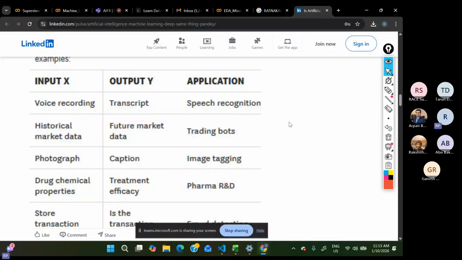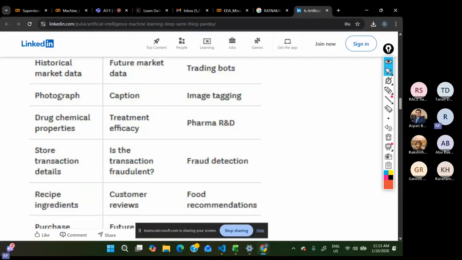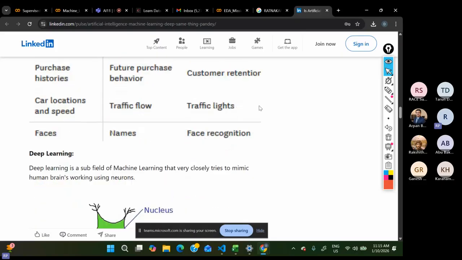So they are hiring fresh talent who can help do a better job in trading using AI. Similarly, you have photographs. You can create the captions, and then we have image tagging and all of those things, right? So we'll go through some examples.